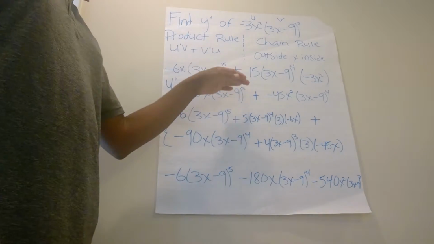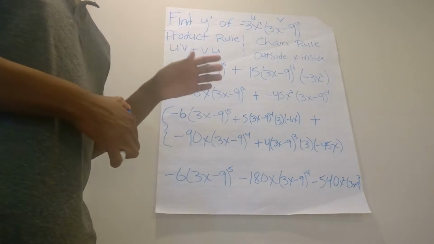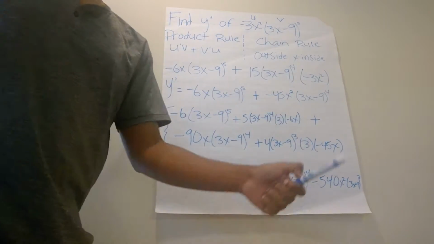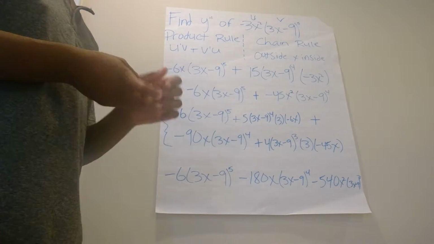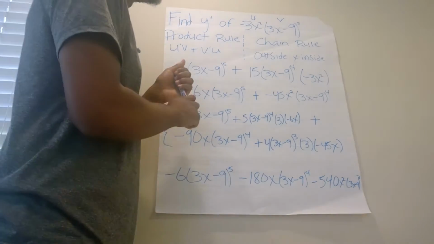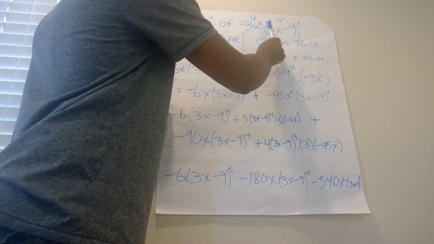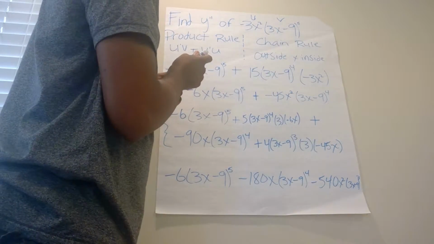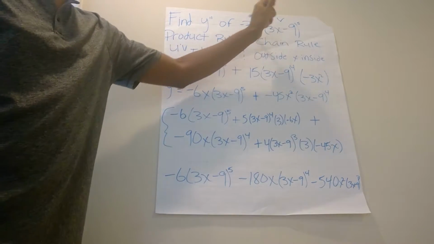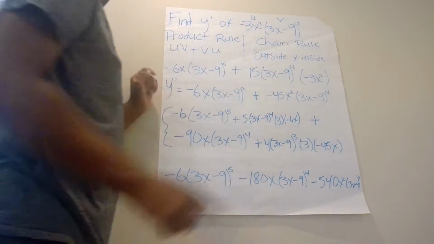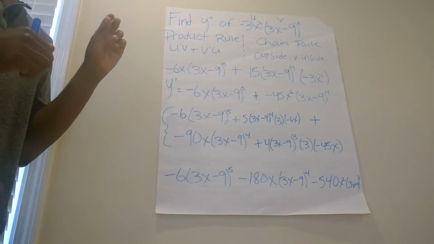And then we add that to the derivative of the v term, and since the v term is all to the fifth, we have to use the chain rule. So in this case, we take the derivative as if 3x minus 9 was one term.